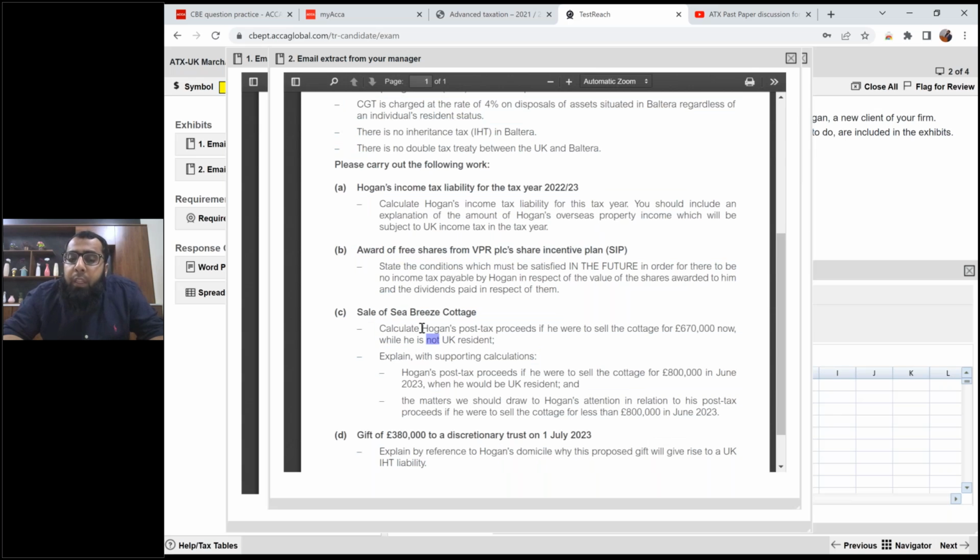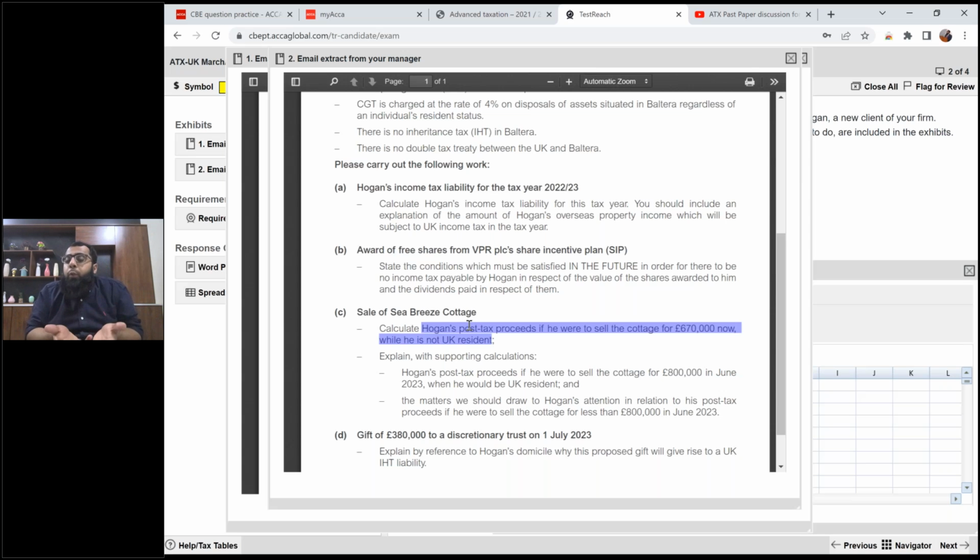Okay, what will be Hogan's post-tax proceeds if he were to sell the cottage for £670,000 now? Okay, what will be the tax implication if he were to sell the cottage now, when he is not a UK resident?